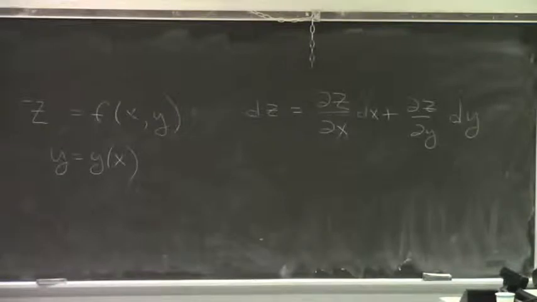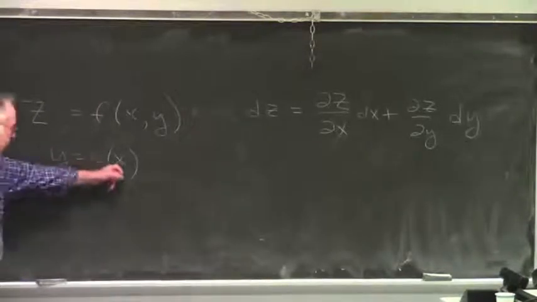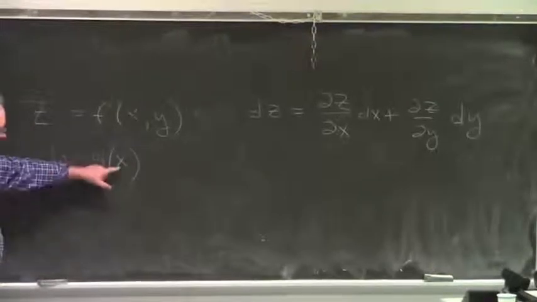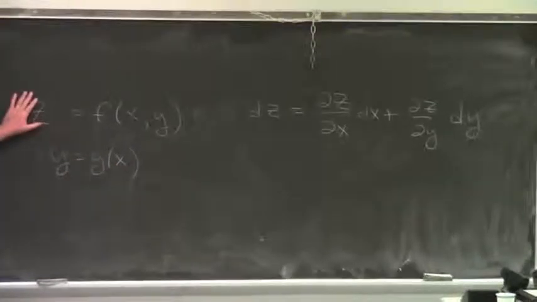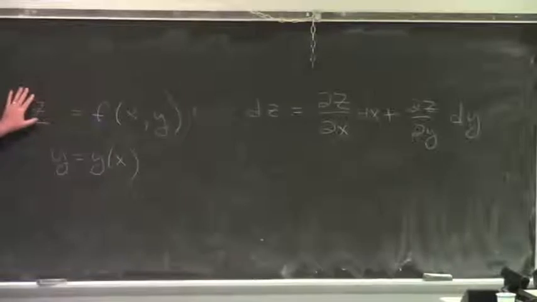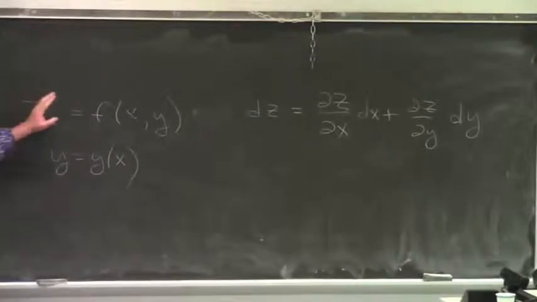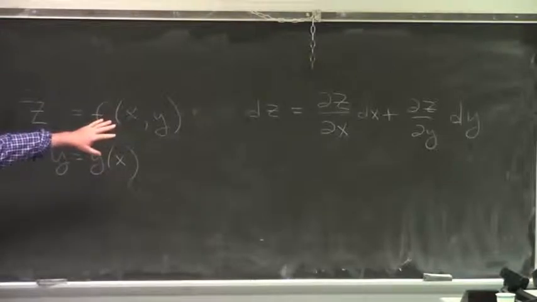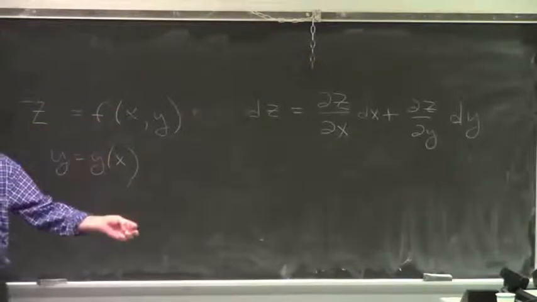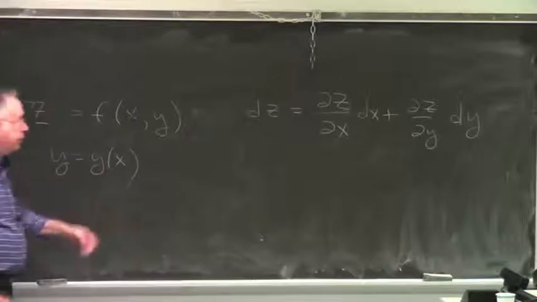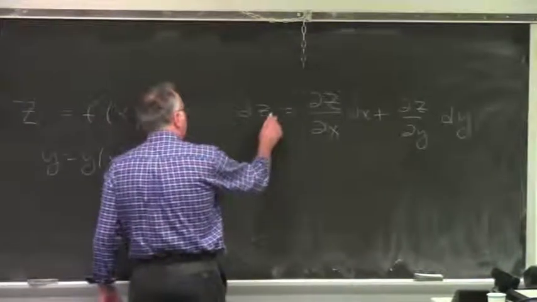It's still true whether x and y are functionally related or not. But in this case here, we know that y is a function of x, so we could express z as a function of x. So we might be interested in dz dx. In order to get dz dx, the derivative of z with respect to x, notice this dz is a total differential.